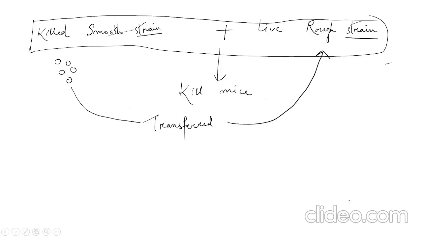He inferred that these substances were getting transferred from this killed, mind you, killed smooth strain of bacteria to the rough strain, and that these substances caused the rough strain to become harmful.